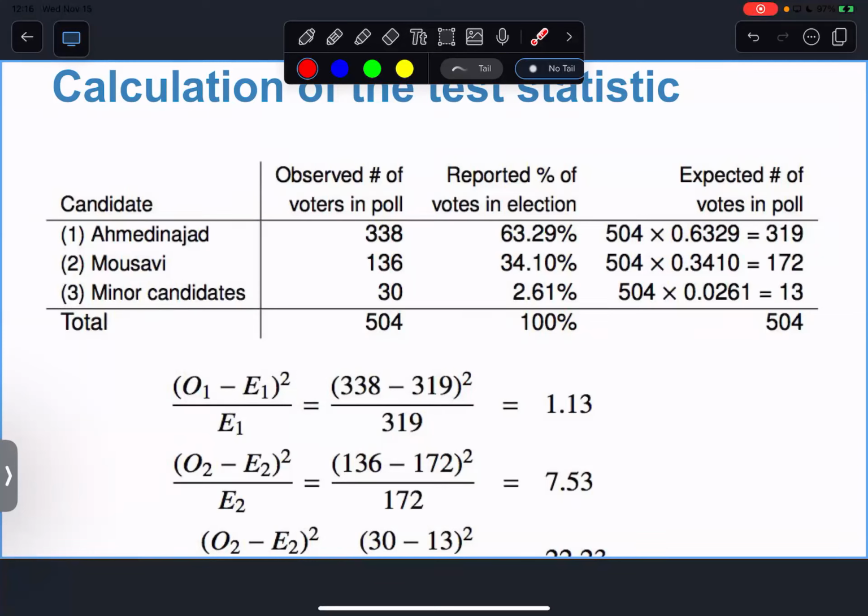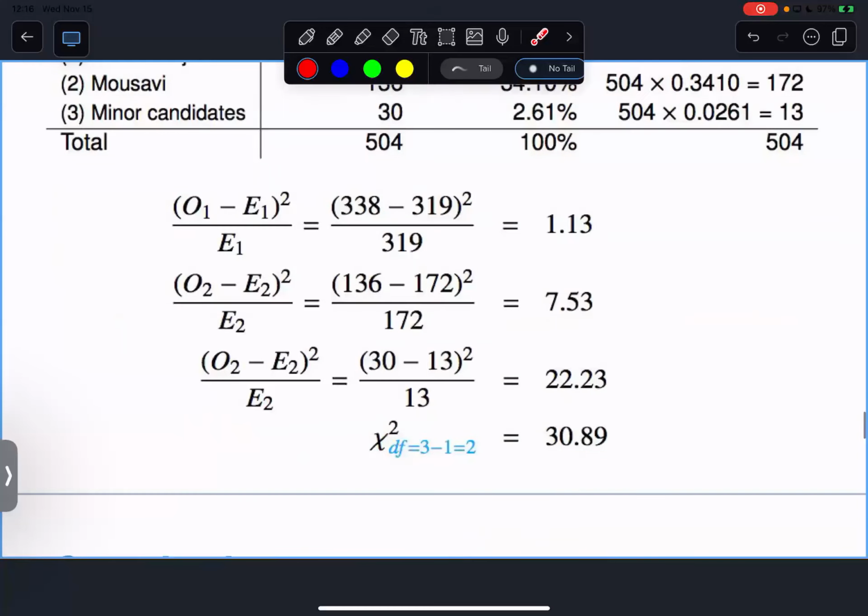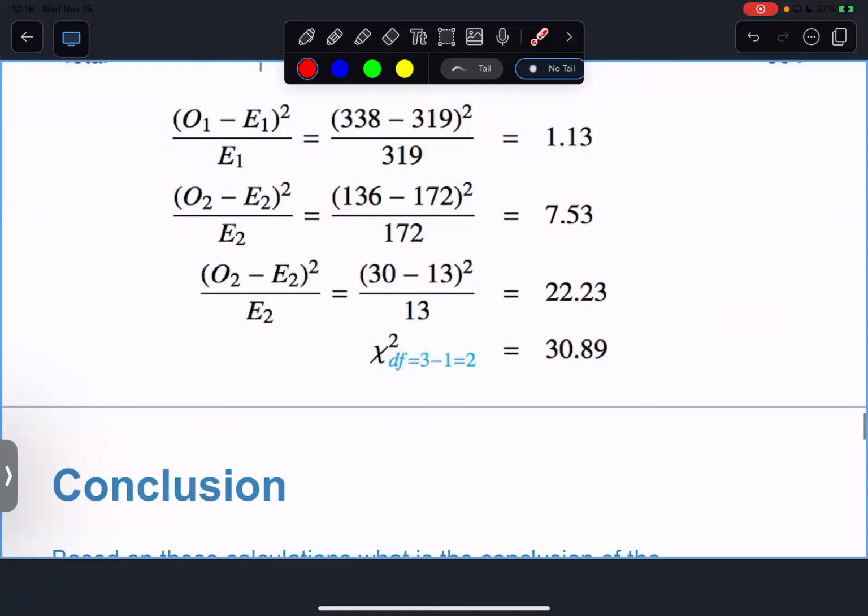So now I have observed counts and I have expected counts. They should all add to 504, those expected counts, right? I'm just taking 504 and I'm spreading them out as I expected to see them. Observed minus the expected squared divided by the expected for each of these gets me a chi-squared of 30.89.